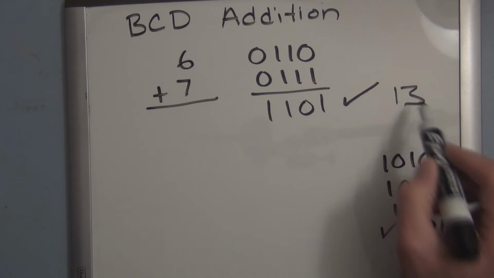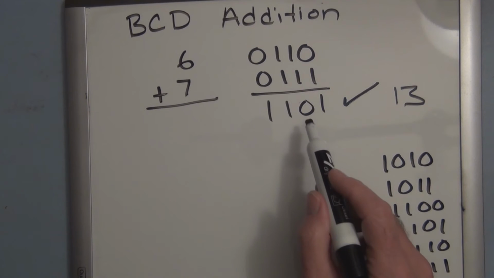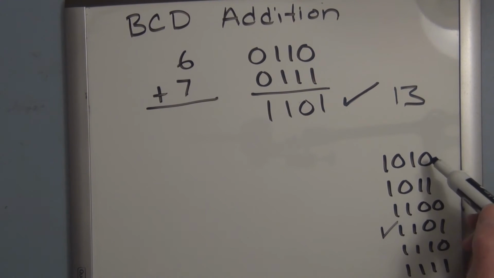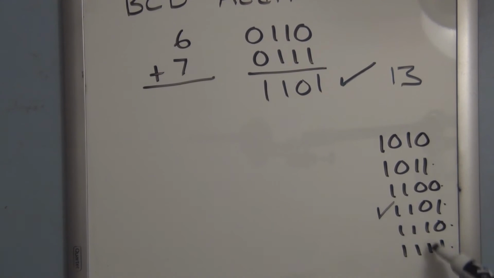That's 13. That's correct in straight binary, but we're using the binary coded decimal system. That is not allowed. Because we have 6 code groups that we do not use, we have to skip over those.